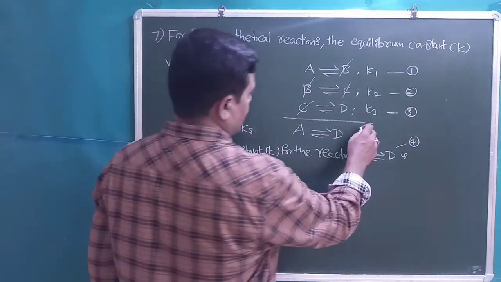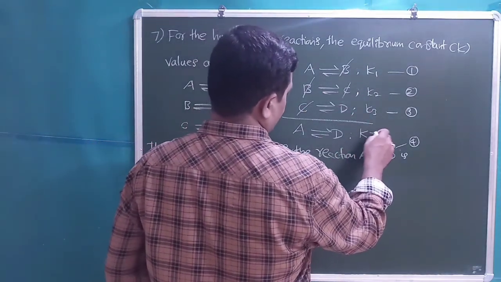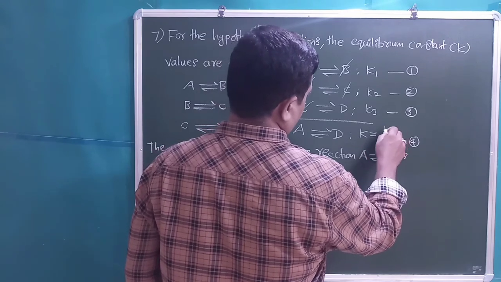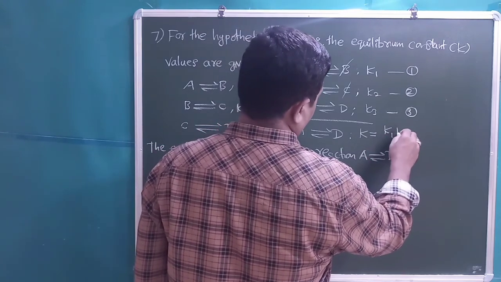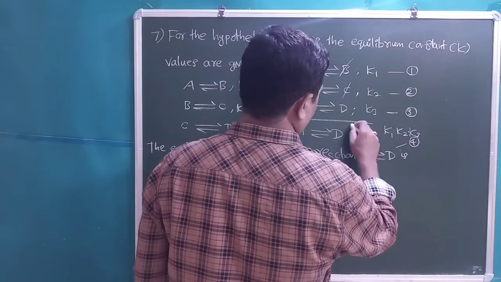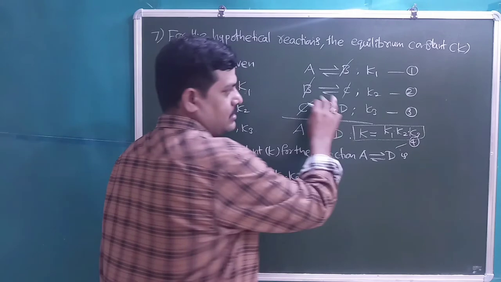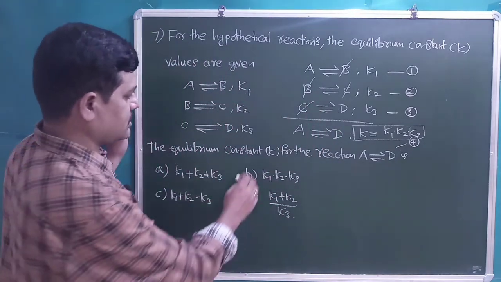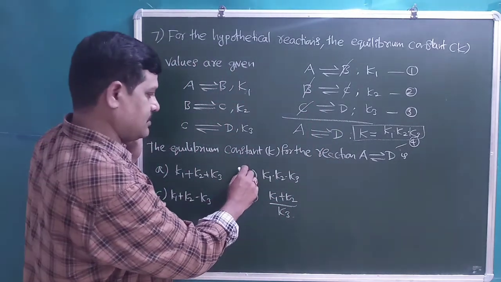Then the equilibrium constant for the fourth equation, K, is equal to K1 multiplied by K2 multiplied by K3, the product of all the equilibrium constants in the given steps. This is given in option B. So option B is right.